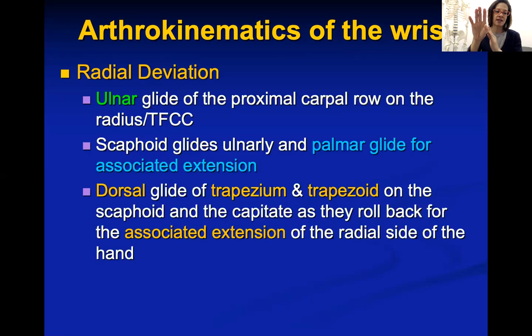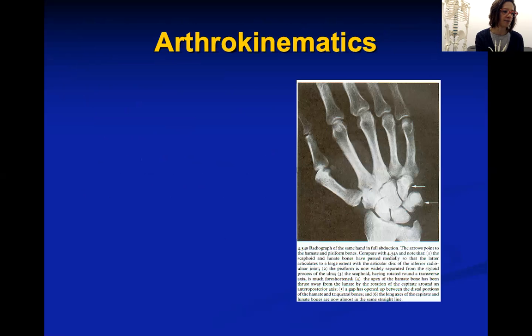And then the trapezium and trapezoid are going to be a dorsal glide because they're concave on convex. They also roll over the capitate to help with the associated extension, so they're going to do a dorsal glide.